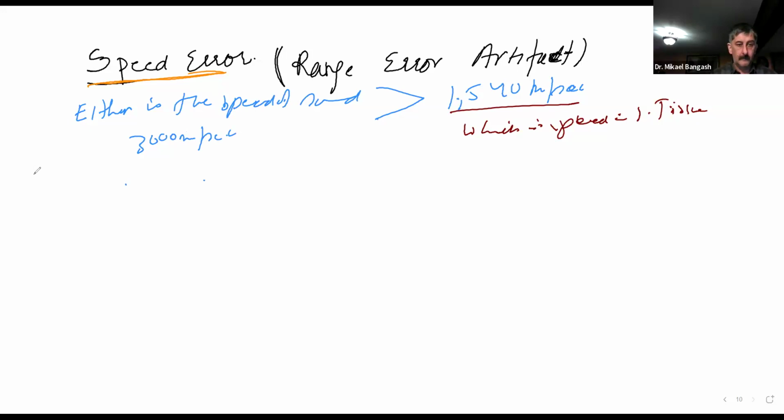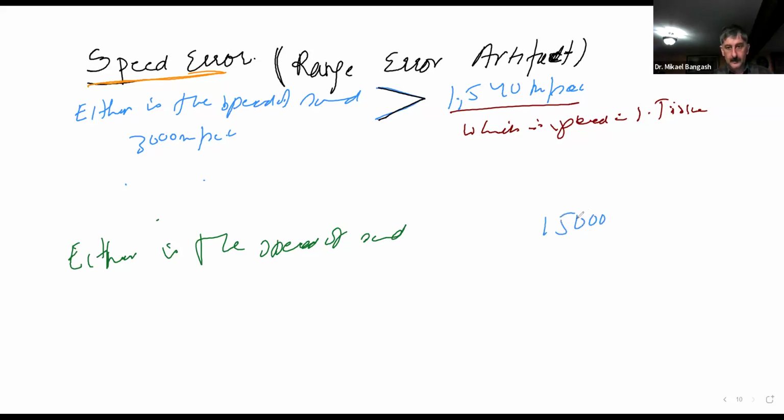Or in the other way, either the speed of sound is going to be lesser than 1,540 meters per second, which was the speed in soft tissues.